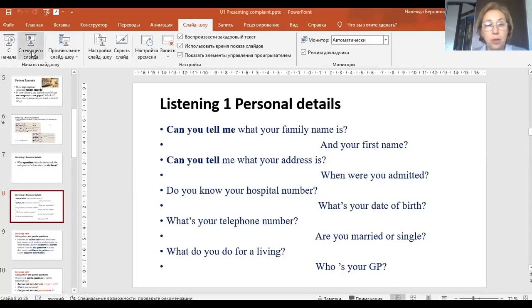Us any time. Well, and now let us just go to our first slide about the listening task, some personal details. And I guess you can't hear it full screen. I need to re-enter one more time.